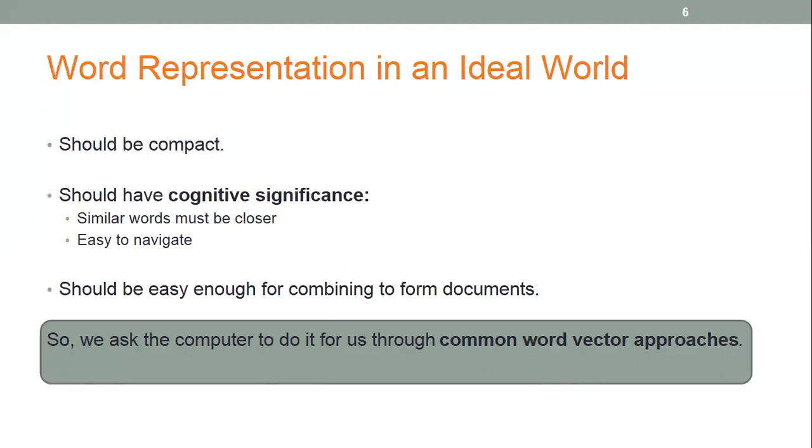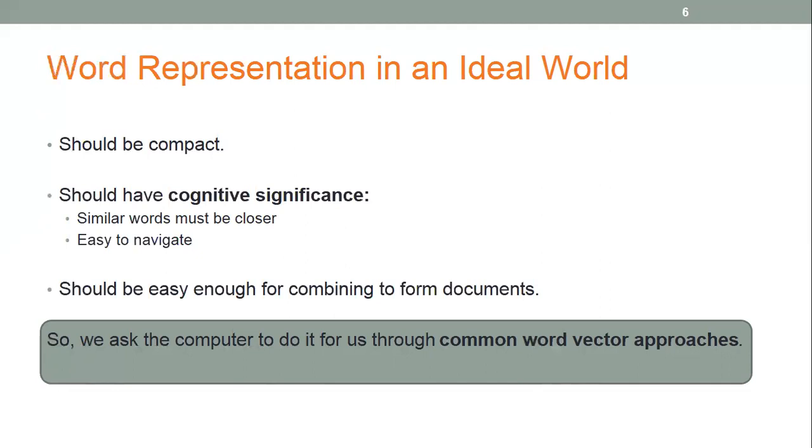And the third point of an ideal representation is that it should be easy enough to combine those representations to form documents. This is significant because words alone don't mean anything; they always come as part of a sentence, those sentences come as part of paragraphs, and those paragraphs come as part of documents.